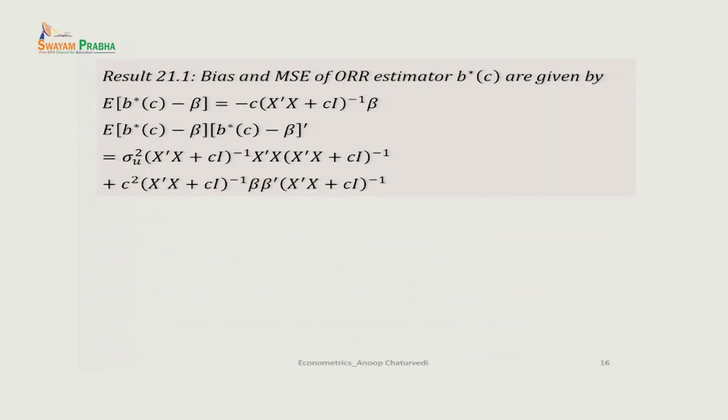And since we are adding a constant in the diagonal elements, we define the ordinary ridge regression estimator by adding a constant in the diagonal elements of x transpose x. So, definitely it will increase the value of the smallest eigenvalue.